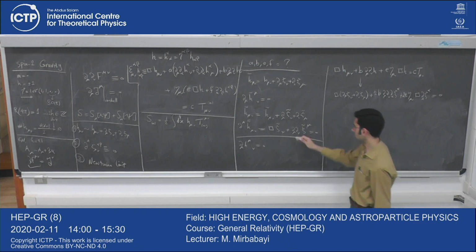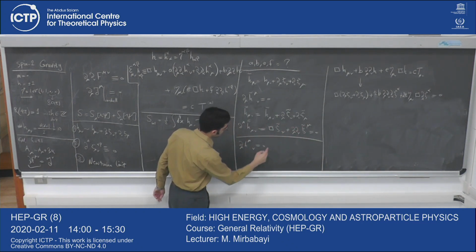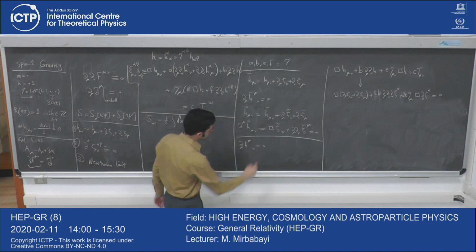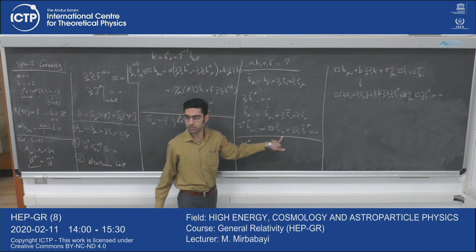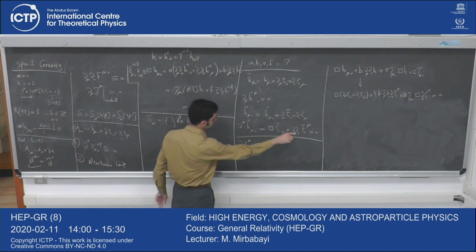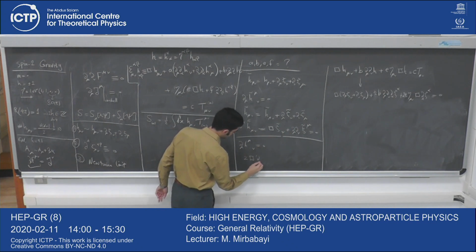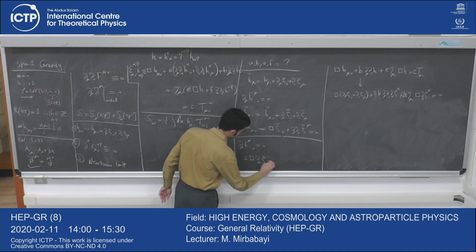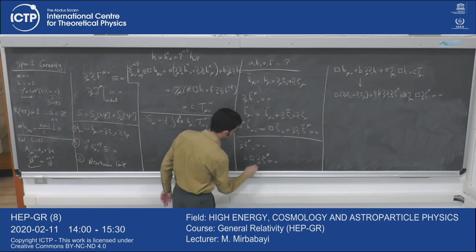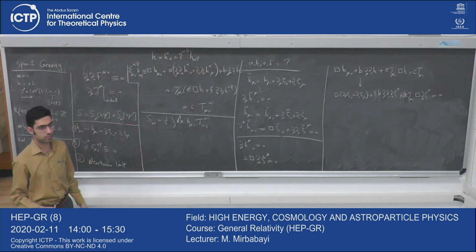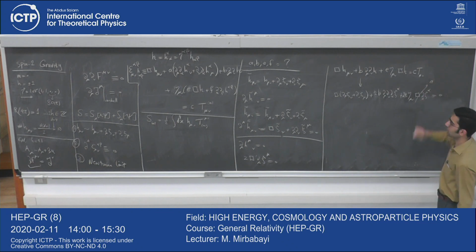And this condition implies that if I act by d nu on this equation, you get twice box d mu xi mu is equal to 0. So box d mu xi mu has to be 0, which means that this term is equal to 0.